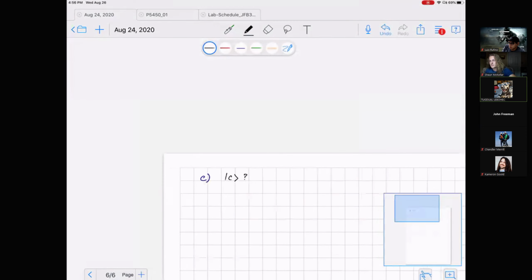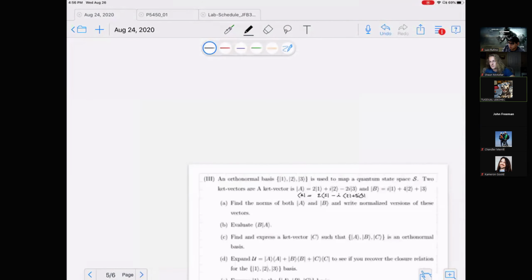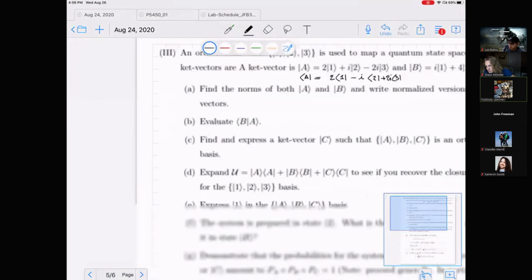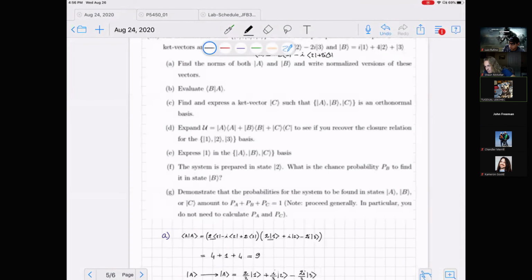But so you see that this problem, this exercise here is very abstract, right? There is not much physics in it. It's an exercise so that we play with a new concept that we have introduced.